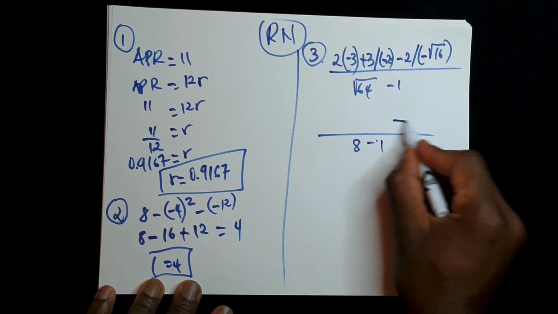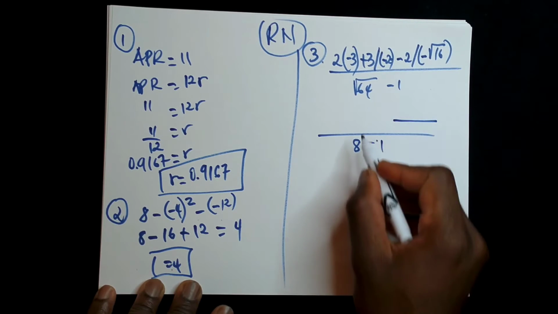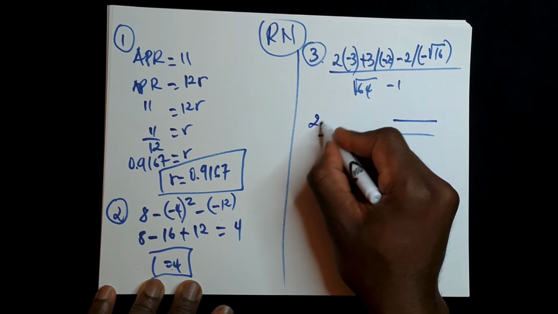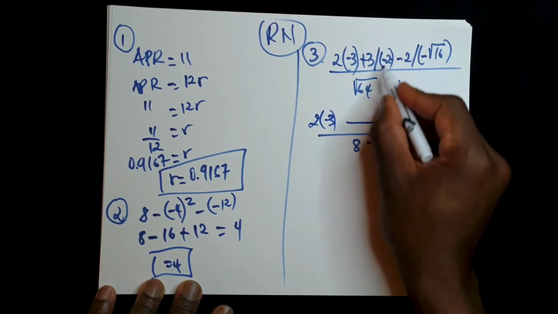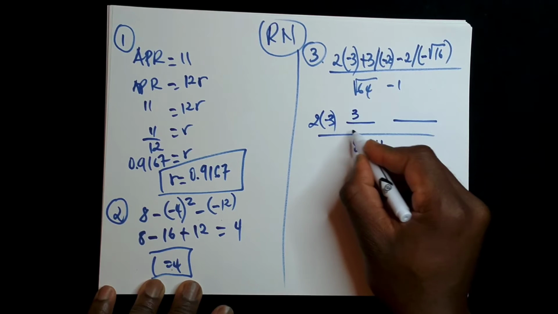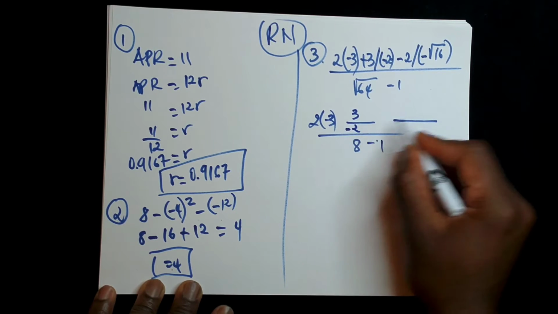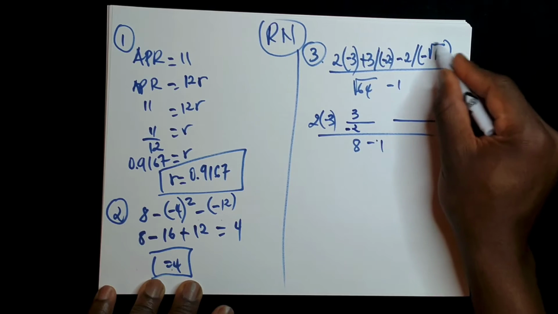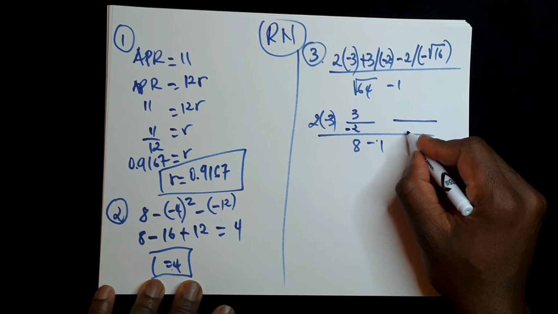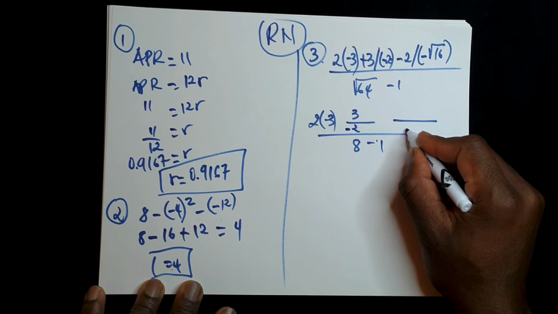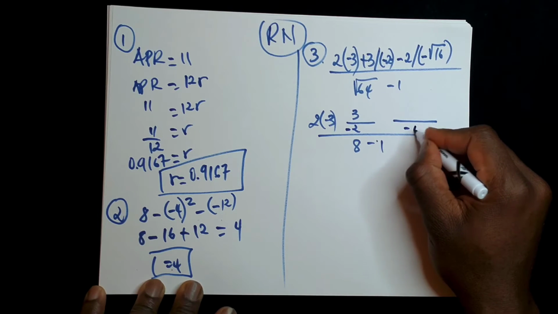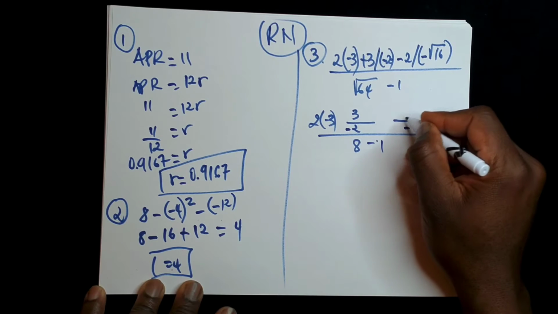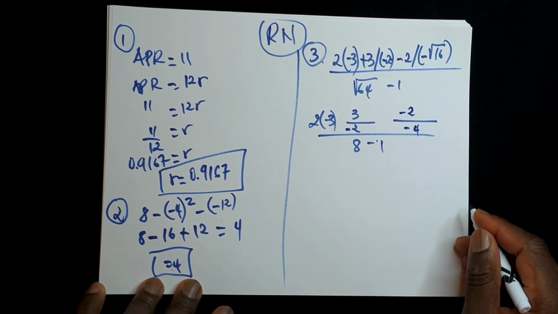We have here 2 multiplied by negative 3, and over here 3 over negative 2, and we have square root of 16, which is 4, and we have negative 4 here, we have negative 2 here.